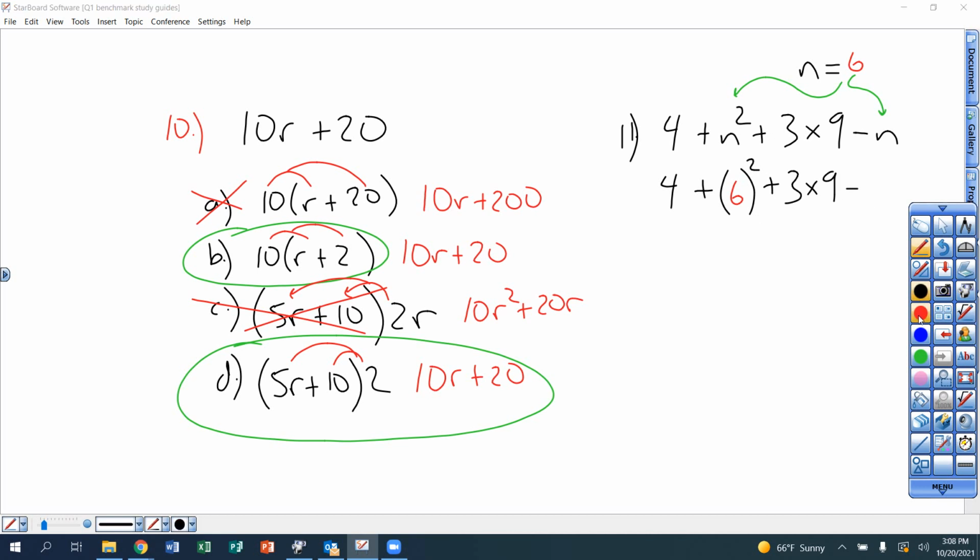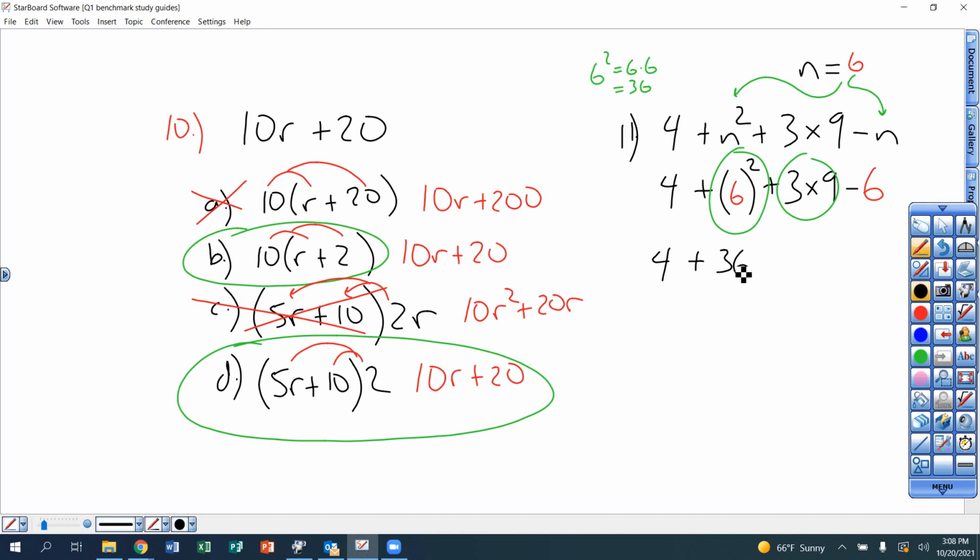First thing to do is the exponent work right here, and then do the times. 6 squared is 6 times 6, 36. Never is it 12. Never. Leave the 3 times 9 alone.